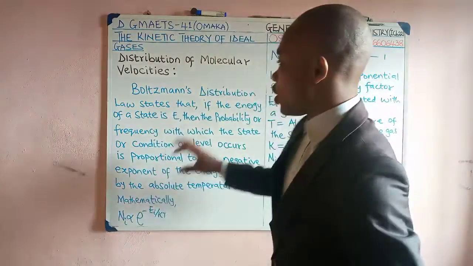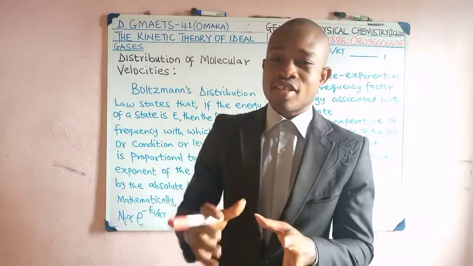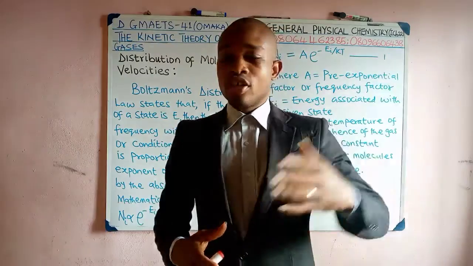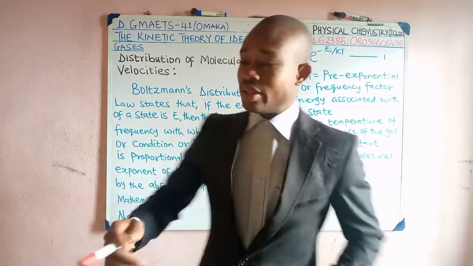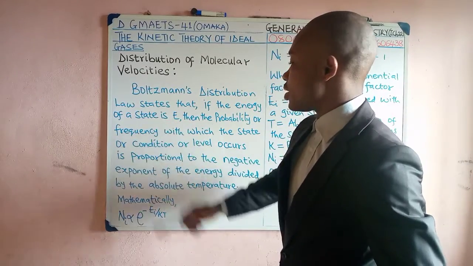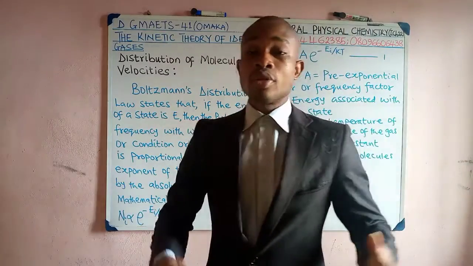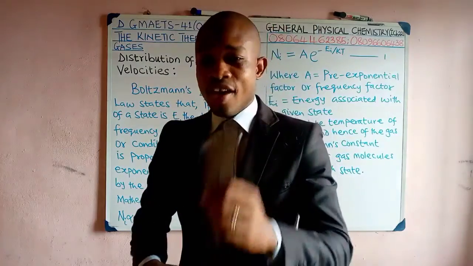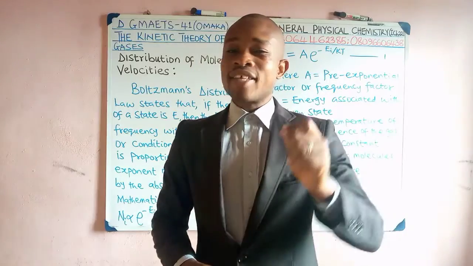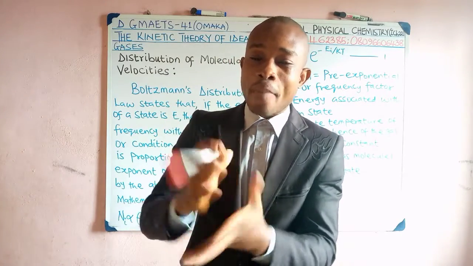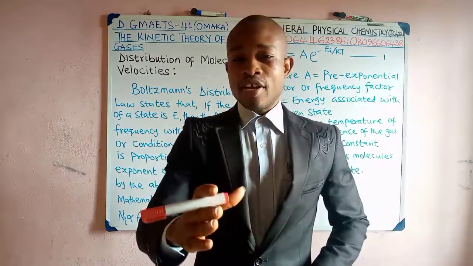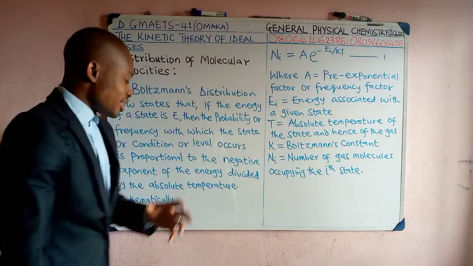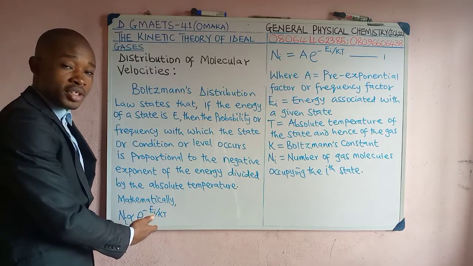So, the law we have on the board here states that if the energy that is associated with a given state, a given level, a given condition is given as E, then the frequency or the probability that that energy level will exist is given as the negative exponent of the energy of that particular state divided by the absolute temperature. Mathematically, that statement is given by what we have on the board here.